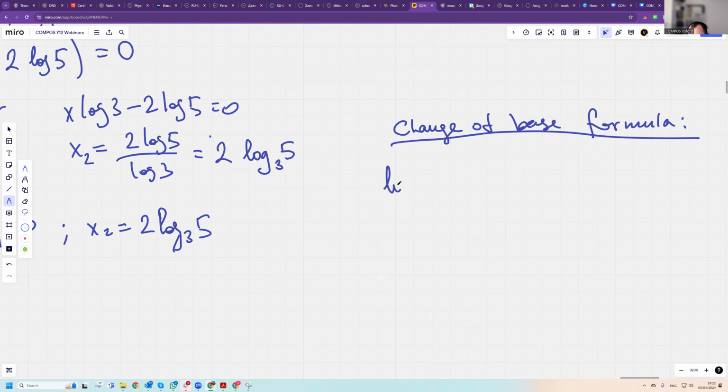And it states that log base a of b, so any log can be written as a log in any base. You can change the base to whatever you like: log base c of b over log base c of a.